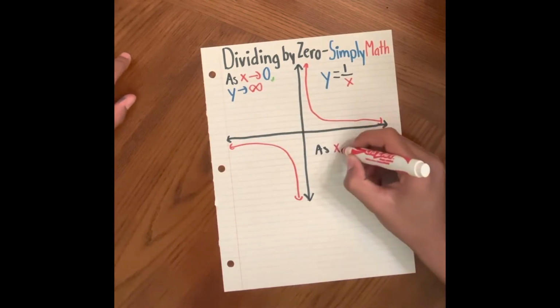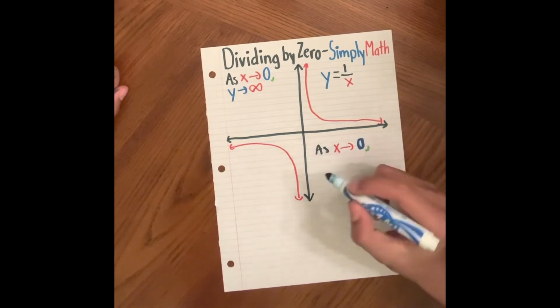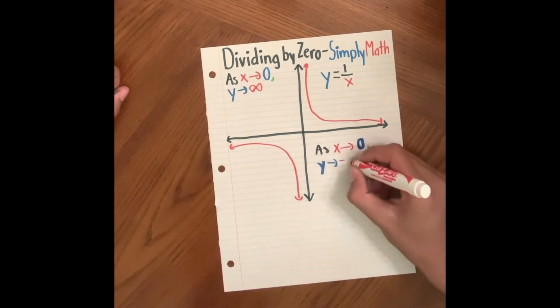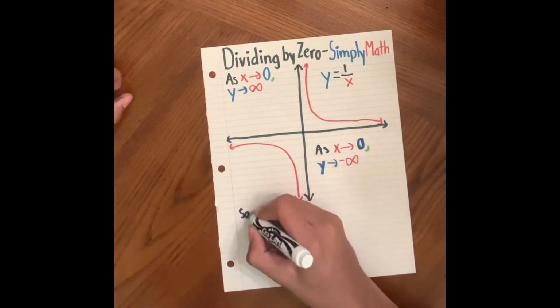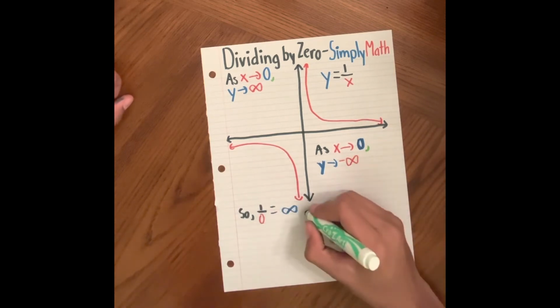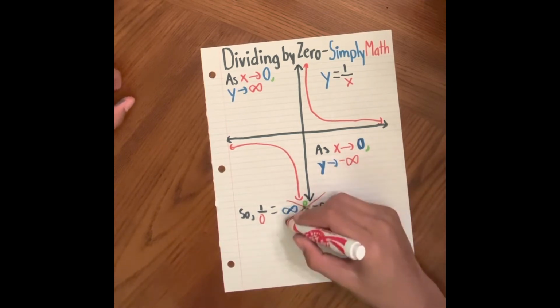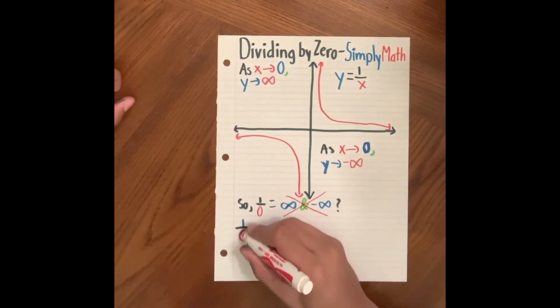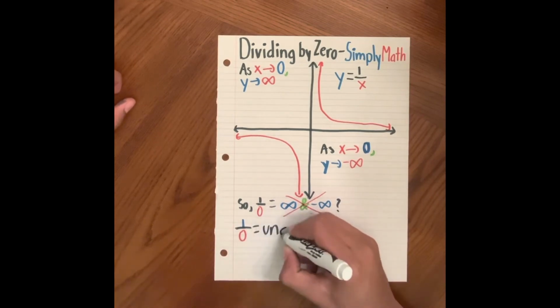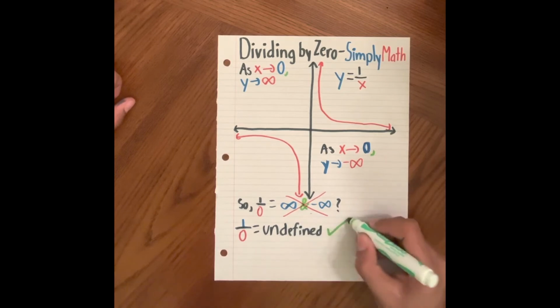But in the third quadrant, as x approaches 0, so from left to right, y is getting closer to negative infinity. And so, are we saying that 1 over 0 is both infinity and negative infinity? Well, that cannot be true. And so we say that 1 divided by 0 is undefined. And that gets the check of approval.